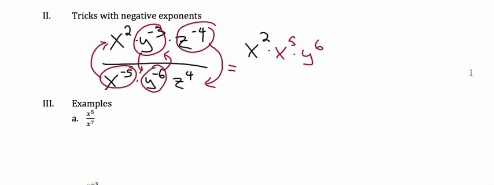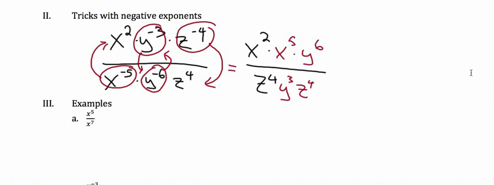Then let's look at our denominator. In our denominator, z to the fourth was the only thing that stayed, and it acquired a y to the third, positive 3 now, from the top, and a z to the positive 4, also from the top.